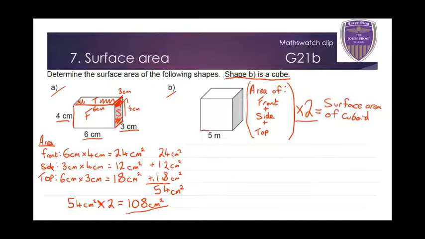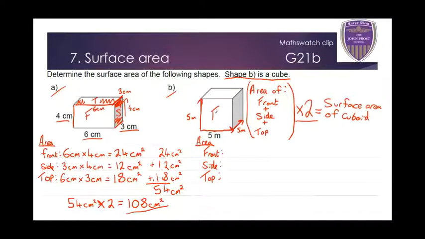So that must mean that if the base is 5 meters, the height is also 5 meters, and the depth is also 5 meters, okay? So all the dimensions of the shape are all going to be exactly the same, okay? So let's do this again. I need to find the area of the front, side, and the top.